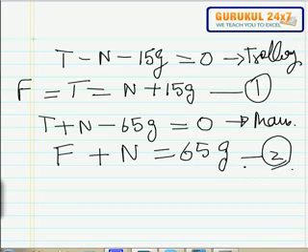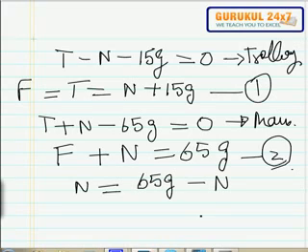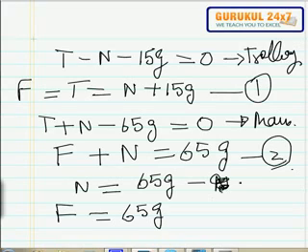Now we need to find F, not N. So what we can do is substitute the value of N as 65g minus F in the first equation. So we will have F equals 65g minus F plus 15g.